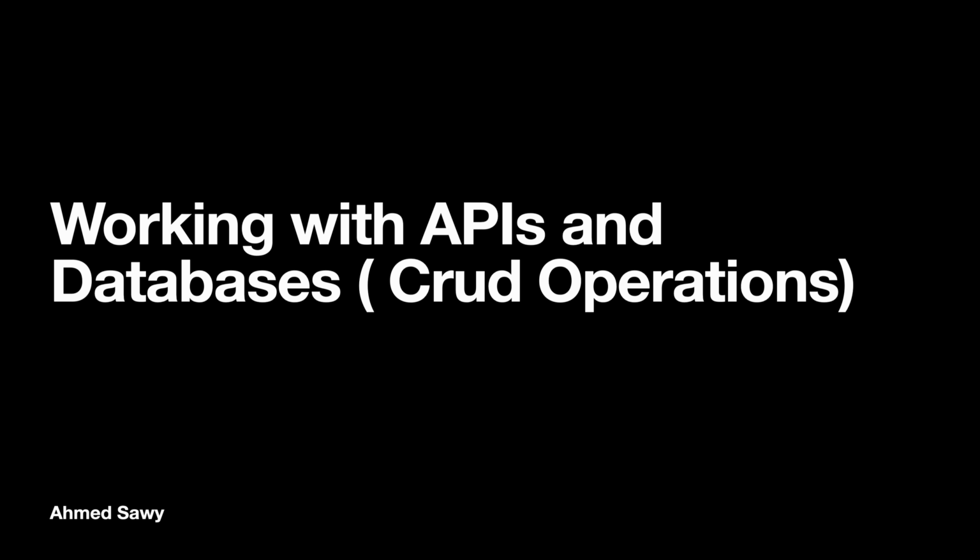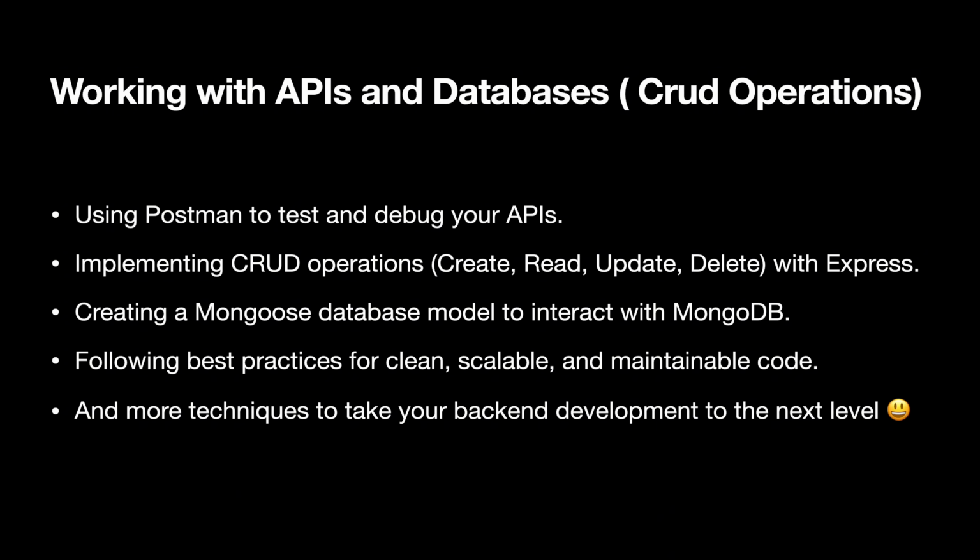In this section, we'll bring everything together by learning how to build and test APIs with proper database integration. This is where you will see how real-world backend applications are structured and how to follow best practices. Here's what you'll learn in this section.